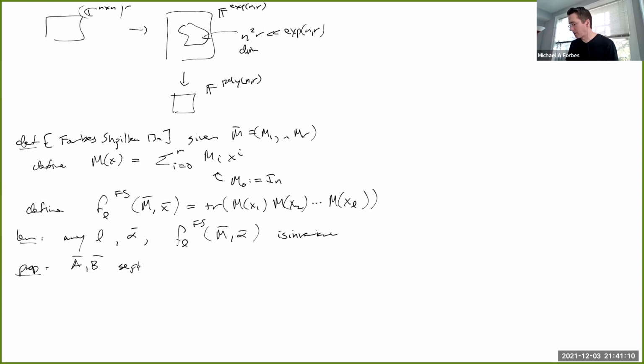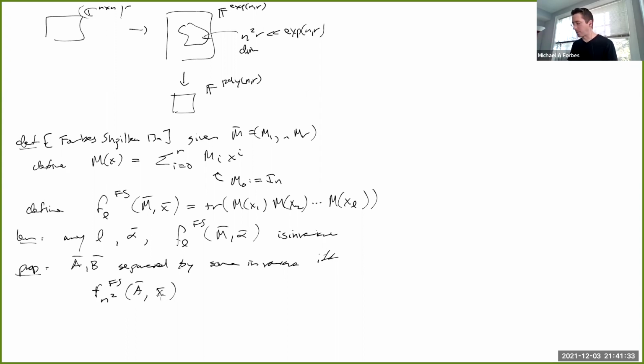They're separated by some invariant if and only if you take the explicit polynomial with parameter L being n squared on our tuple A with indeterminate x.